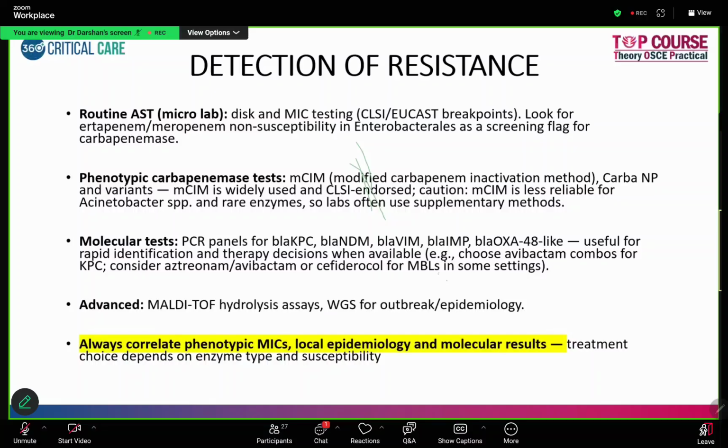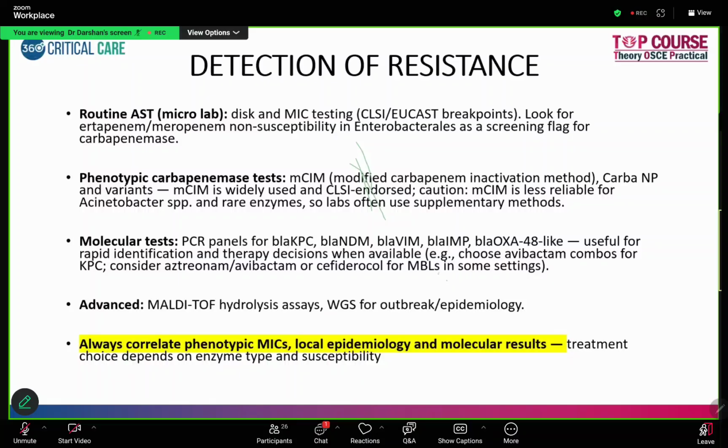I told you yesterday about imipenem resistant, meropenem sensitive. All of this is a combination, usually because of carbapenemases which are present in that particular bacteria. There will be a possibility where one carbapenem will be sensitive, the other resistant. It all basically depends on the resistance pattern in that particular bacteria.